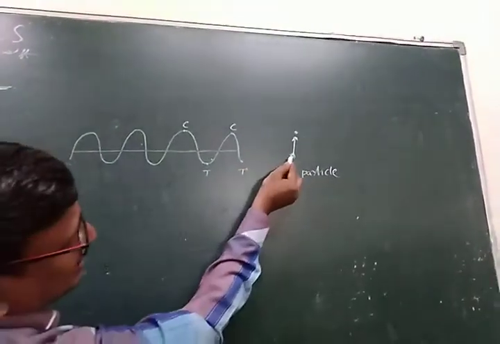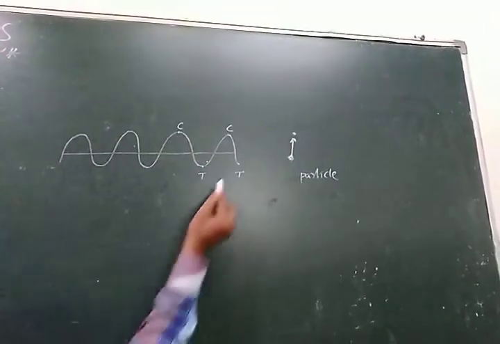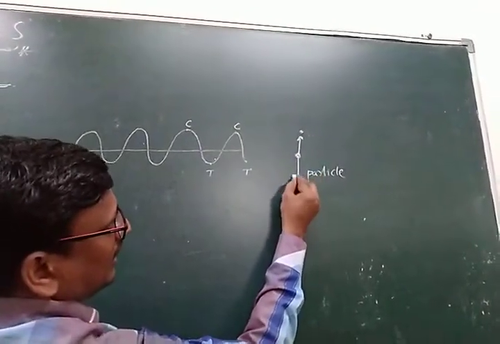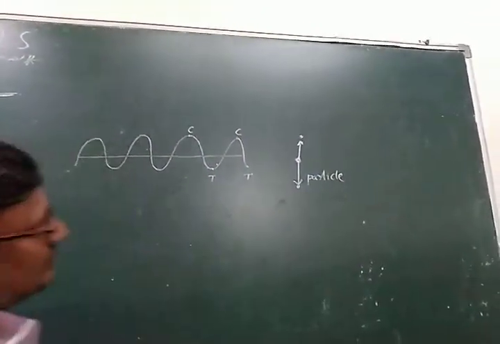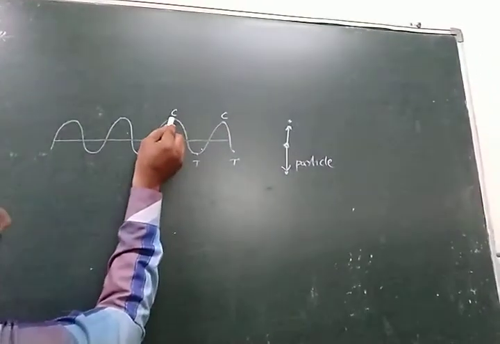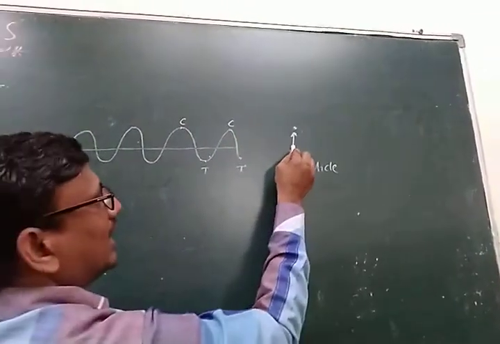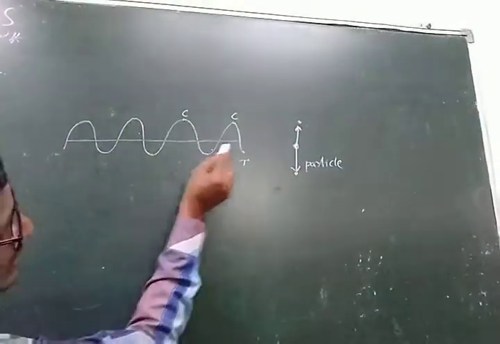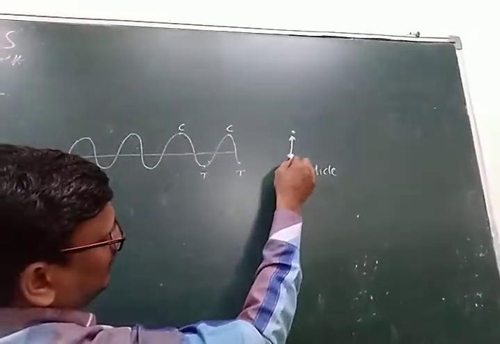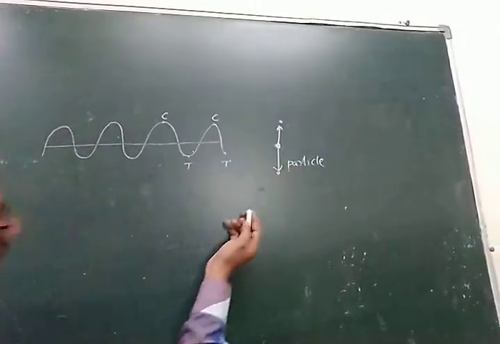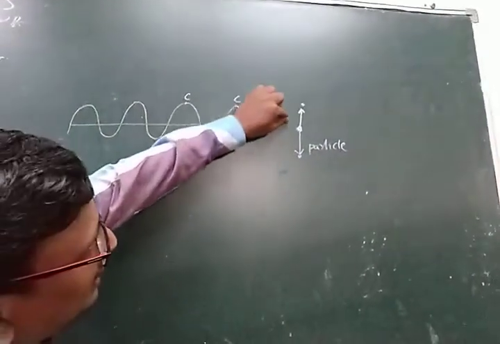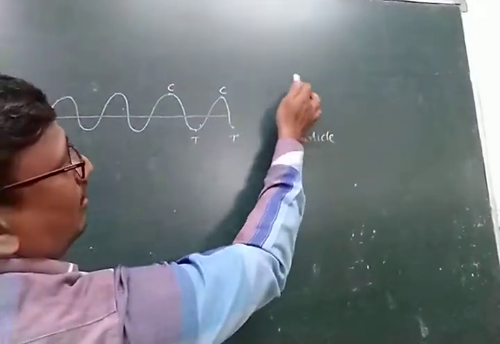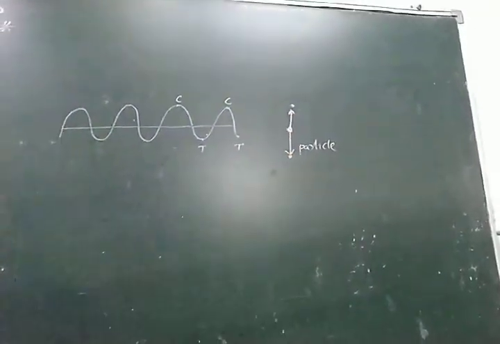If the trough is incident on the particle, it moves in a downward direction. Again, when the crest is incident on this particle, it moves upward, and when the trough is incident, it moves downward. That means the particle moves up and down, making oscillations.